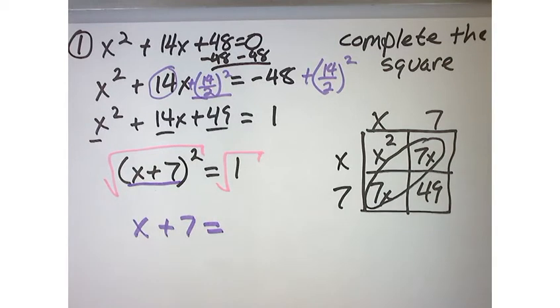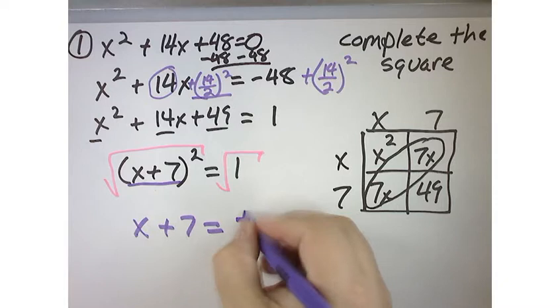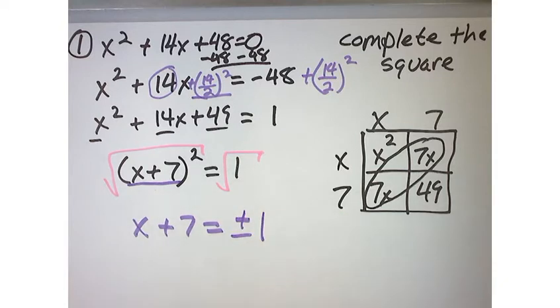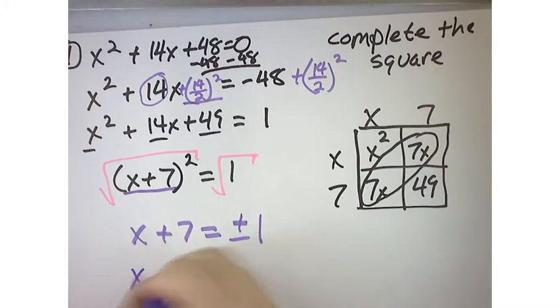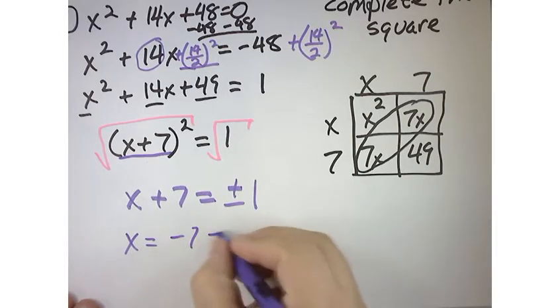What is the square root of 1? Plus or minus 1. Whenever we take the square root, there are 2 solutions, the positive and the negative. So then, if I subtract 7 from both sides, I have x equals negative 7 plus or minus 1.